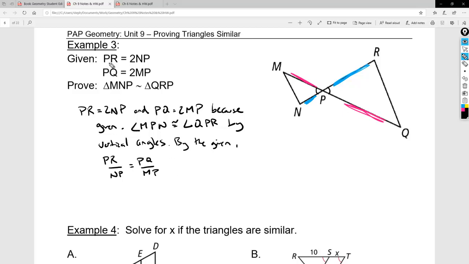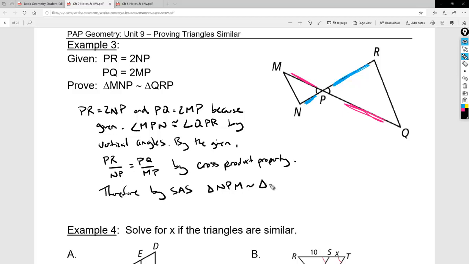I mean, essentially we just set them equal to each other, but I'll say by the cross product property. Okay, so then we can use side angle side, so therefore by SAS I can say that triangle NPM is similar to triangle RPQ.